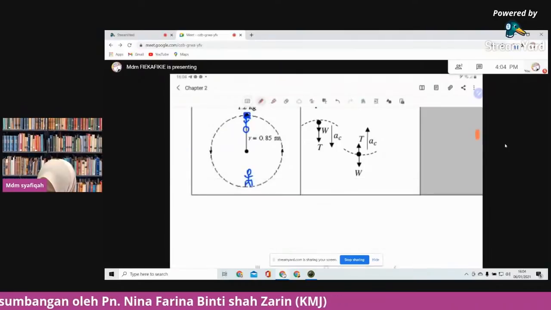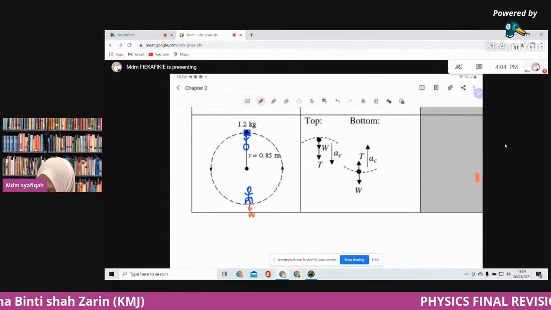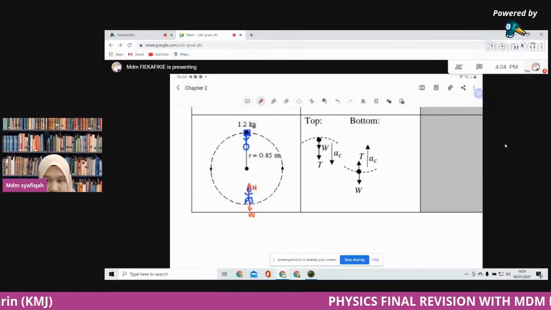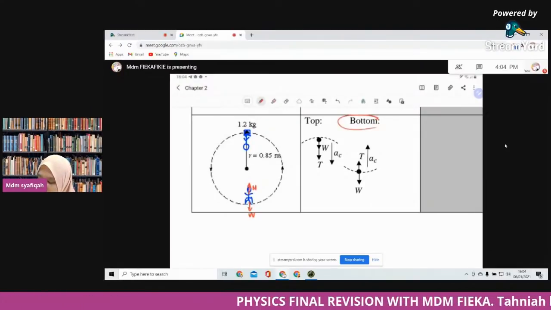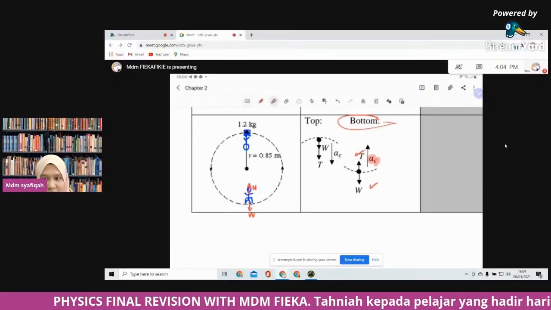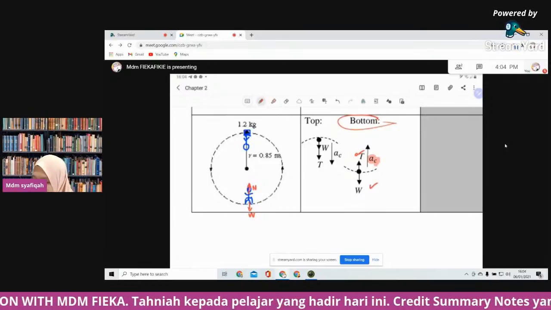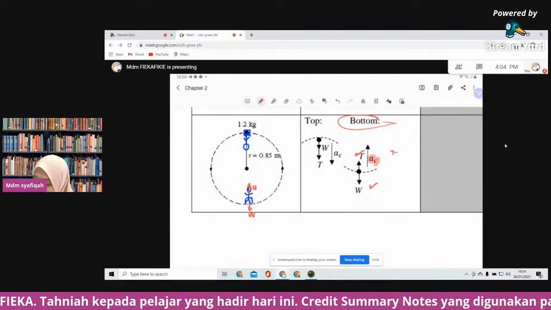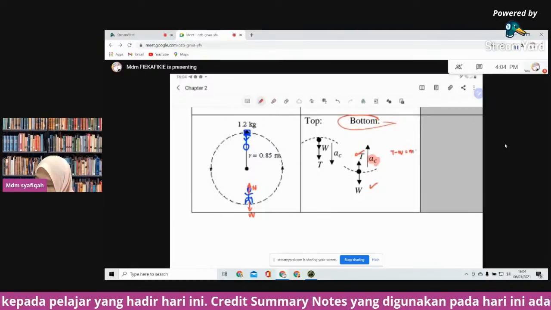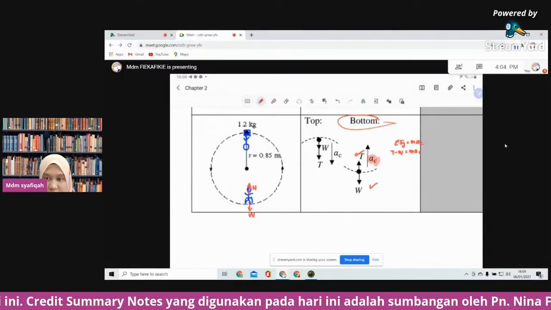Hai, kenapa awak tak boleh tulis? So, W. Okay. So, normal is upward at the bottom. Okay. So, A direction upward. So, W minus T or T minus W. Mestilah T minus W equal to MAC. Total Fy is equal to MAC.